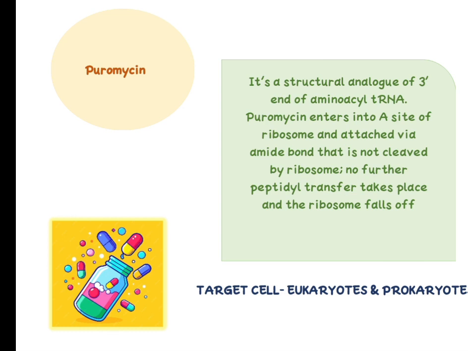But the puromycin binds with the ribosome through amide bonding, whereas usually the tRNA binds via ester bonding, which is easily cleavable, but the amide bond is uncleavable. So in that way the puromycin gets fully attached with the ribosome and no further peptidyl transferase takes place, and the ribosome falls off. This works in both eukaryote and prokaryote cells.